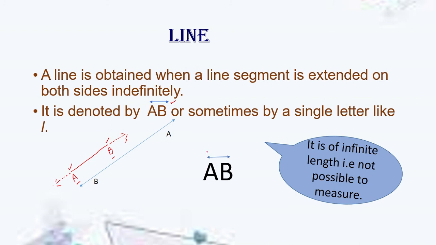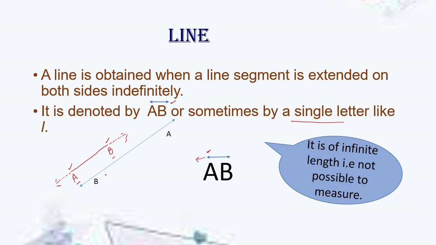Arrow on the A side means A point is not fixed, it is moving. If the arrow is on B, it means B point is also not fixed, B point is also moving. I have written here, you can denote it by a single letter also.